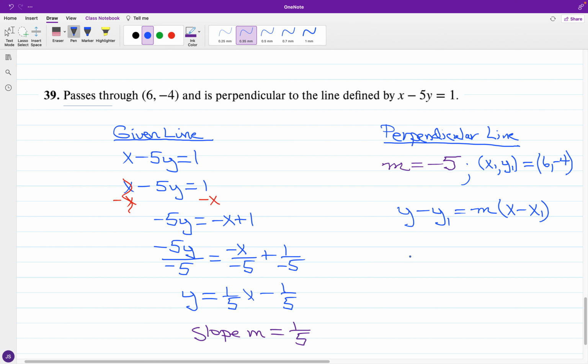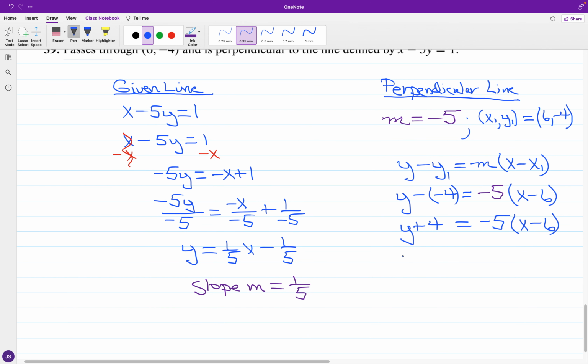For y minus y1, we'll have y minus -4 equal to the slope m, which is -5, times the quantity of x minus x1, where x1 is 6. So again, your point slope equation is y plus 4 equals -5 times the quantity of x minus 6. And proceeding to get to the slope-intercept and the standard forms.